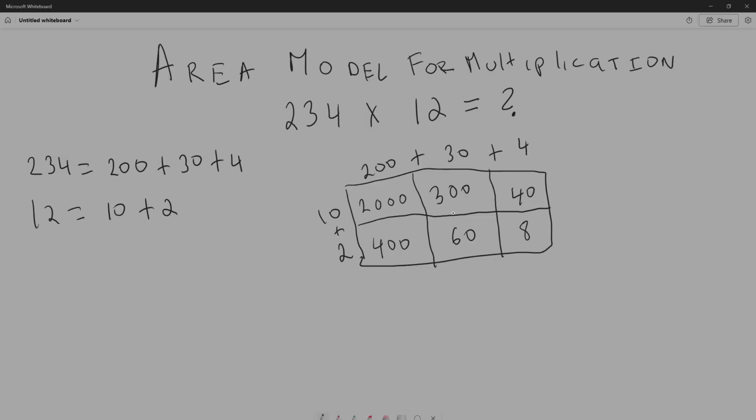Okay, now our task is to add, so let's add each row. We're gonna have 2000 plus 300, that's 2300, and then plus 40, that's gonna be 2340.